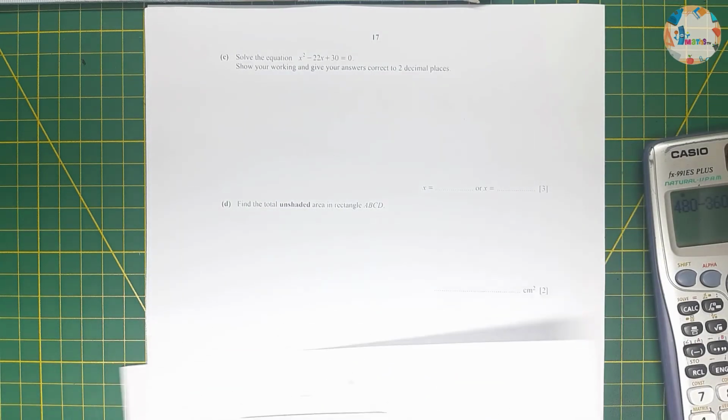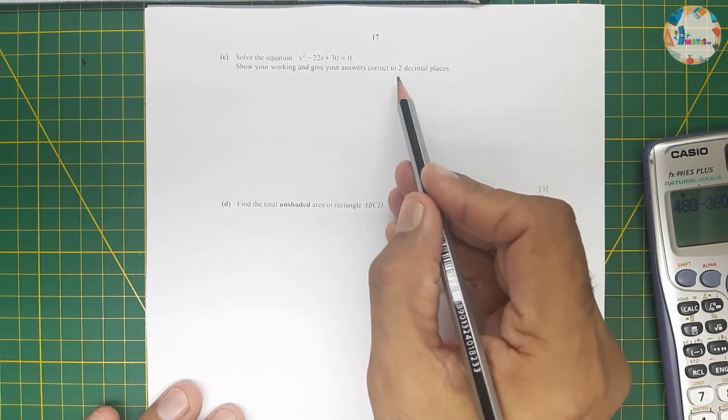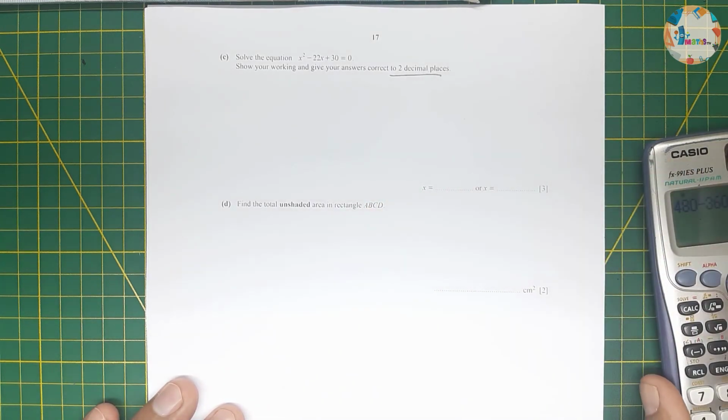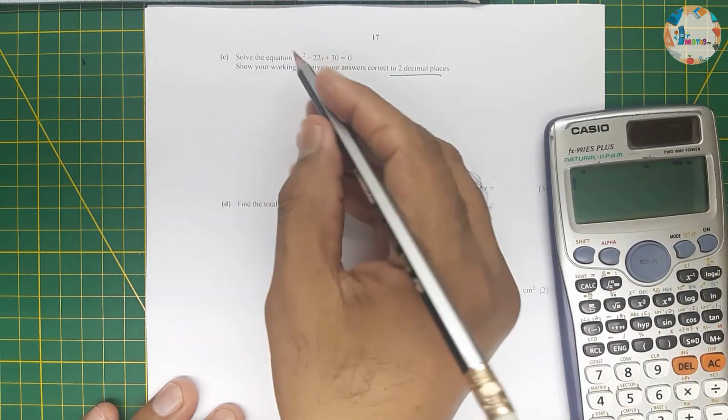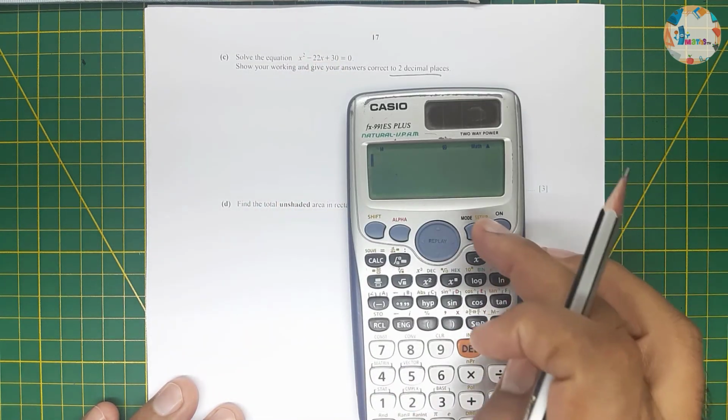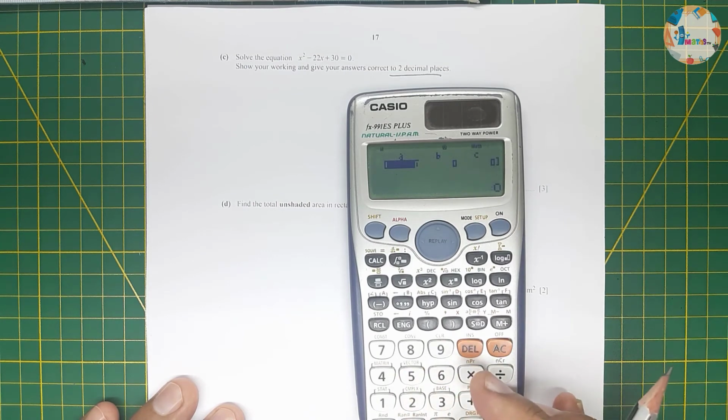Hopefully you got this. Now C part, solve the equation. We have to solve this quadratic equation, and the answer they want is in 2 decimal places. So what we can do, we can use this mode 5-3: 1 is the coefficient of x squared, the coefficient of x is minus 22, and the constant is 30.